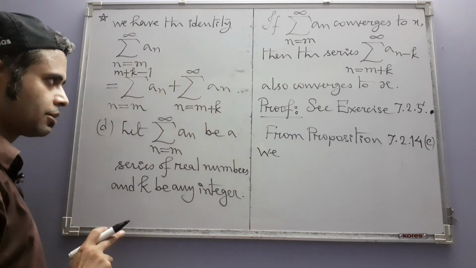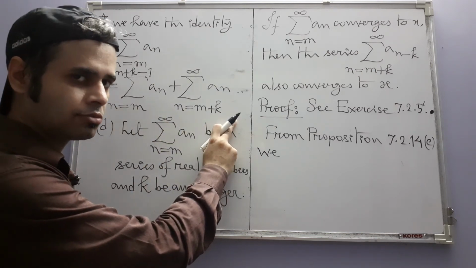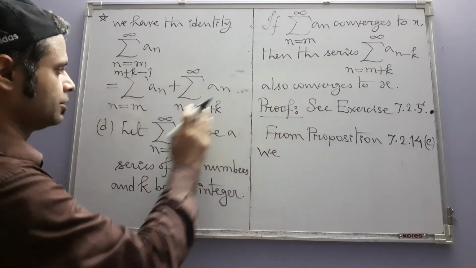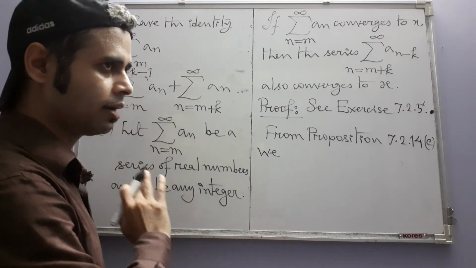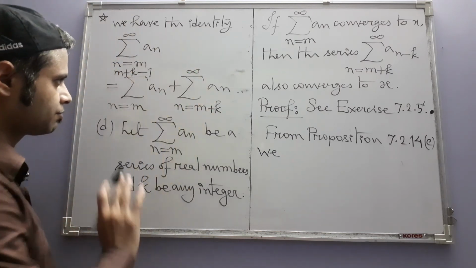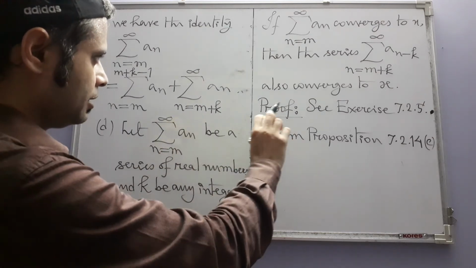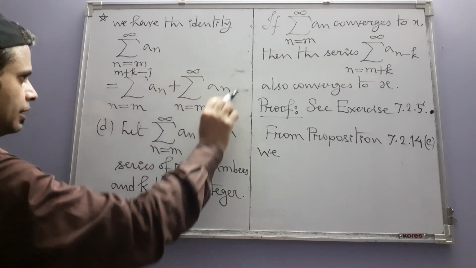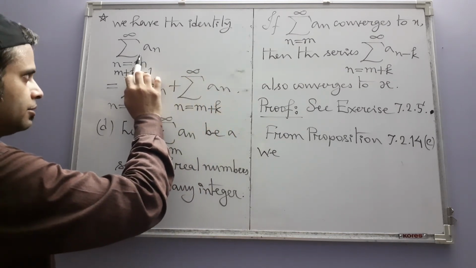And the converse is also true. If this tail end of the original series is convergent, you can decide to cut the series into two halves. The first half, of course, will be a finite series, and the remaining tail will be an infinite series. So if the tail is convergent, then the original series is also convergent.